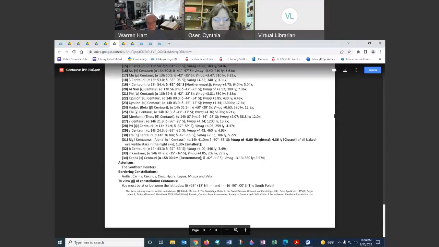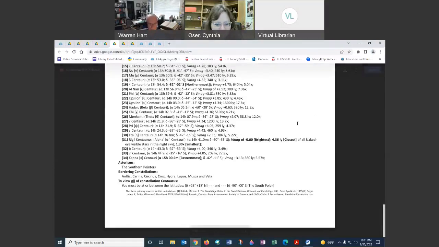These things in bold print there are related to the constellation itself. It's not the smallest of any other constellation. It's the smallest one in the constellation Centaurus. And there you see the asterisms and then also its bordering constellations there.